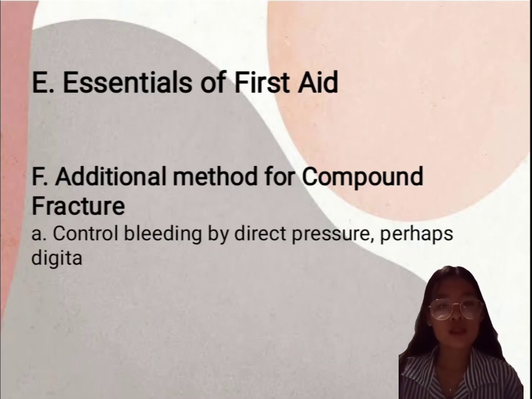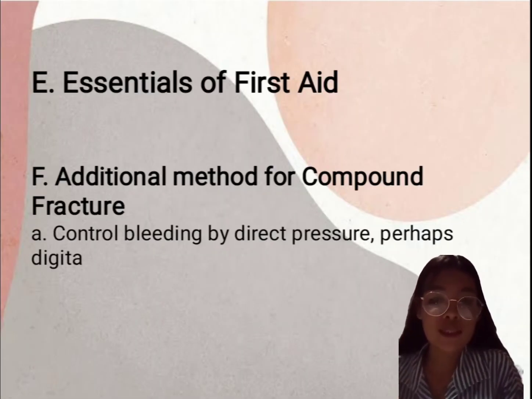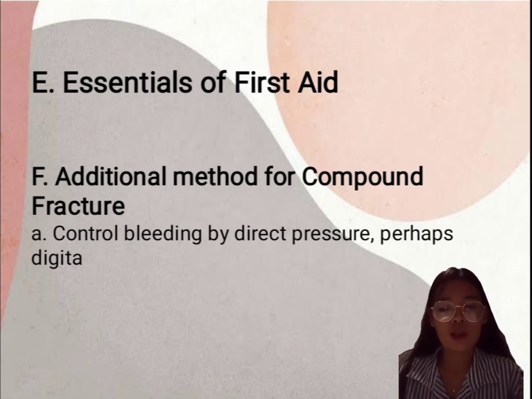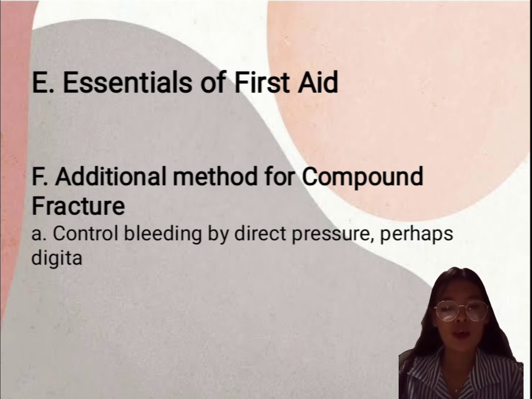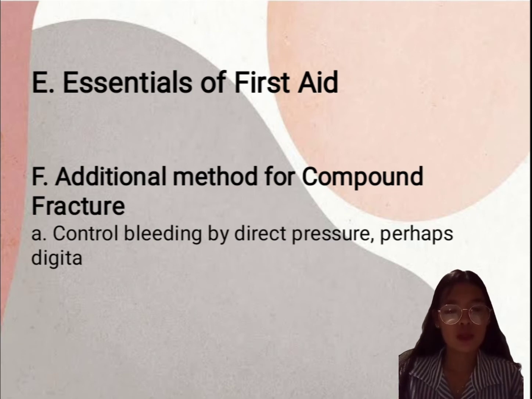So, essentials for first aid. This is intended for all fractures or possible fractures. Keep the broken part, or possible fracture, and the adjacent joint quiet, and control shock. When in doubt, handle it as a fracture. So additional methods for compound fractures.